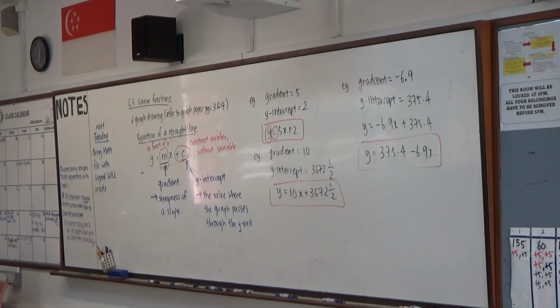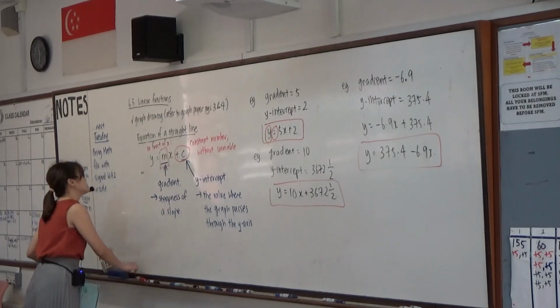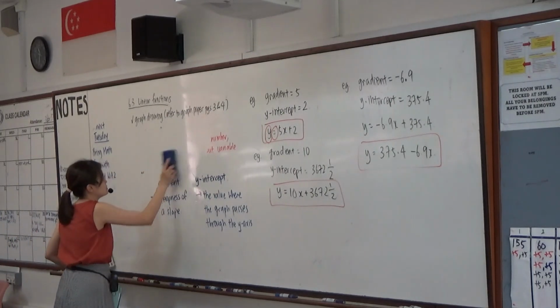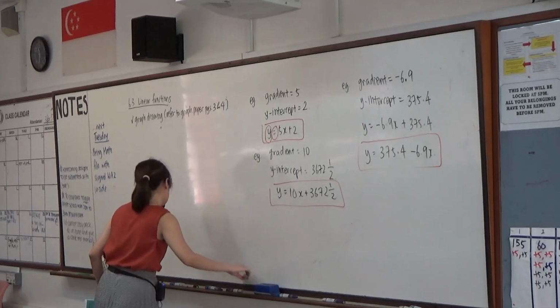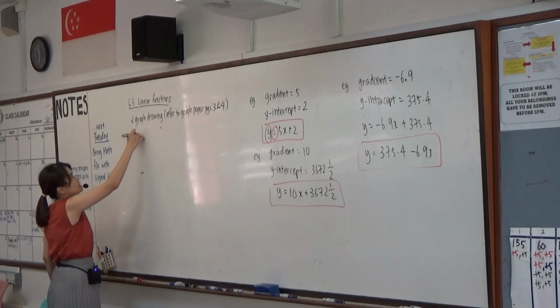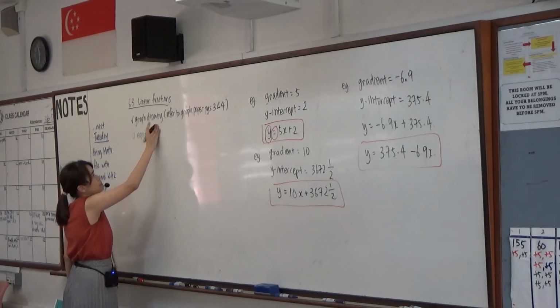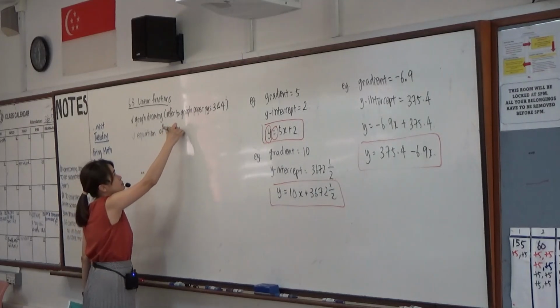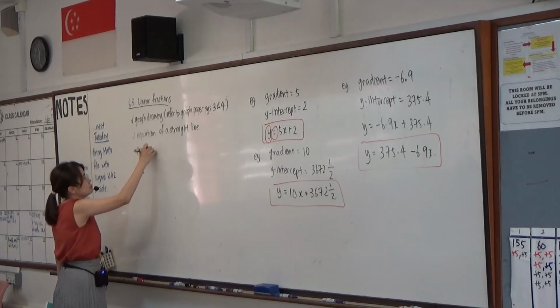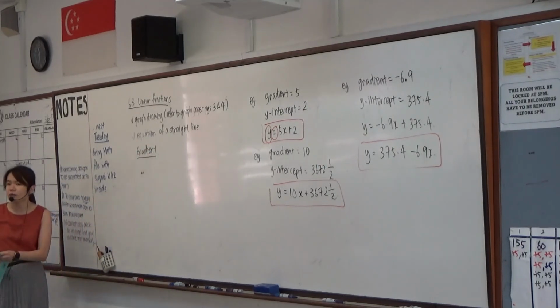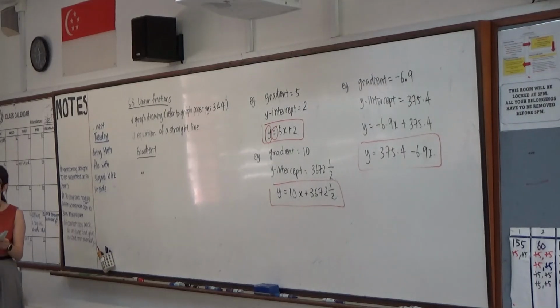Continuing in our textbook, we're going to learn about gradient. So we have already covered the equation of the straight line. Next thing is about gradient itself. As I mentioned earlier on, gradient is a measure of the steepness of a slope.